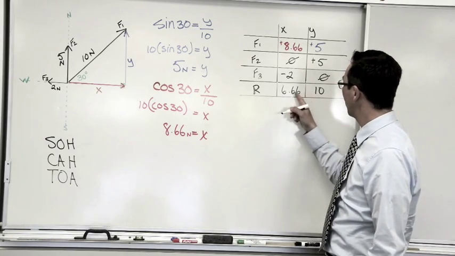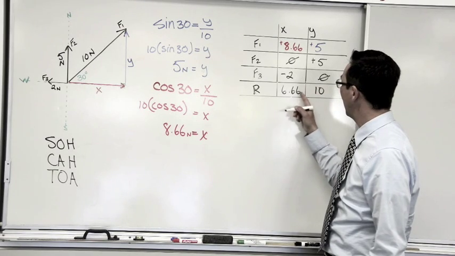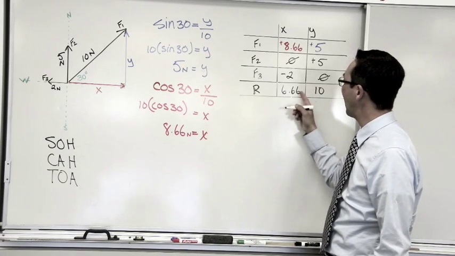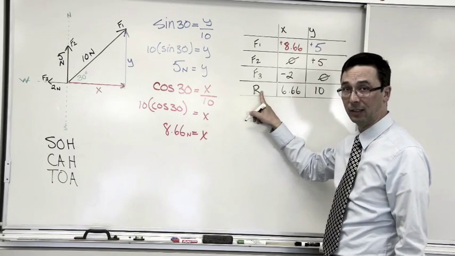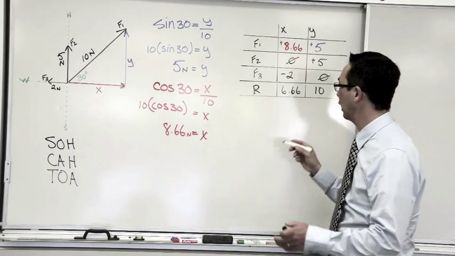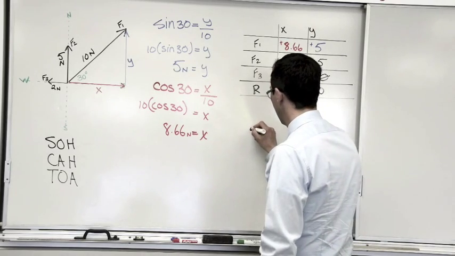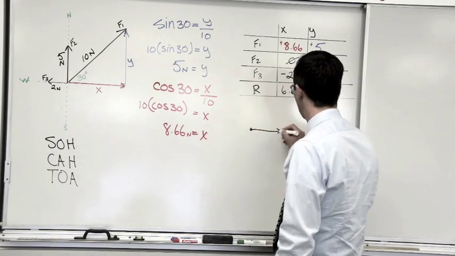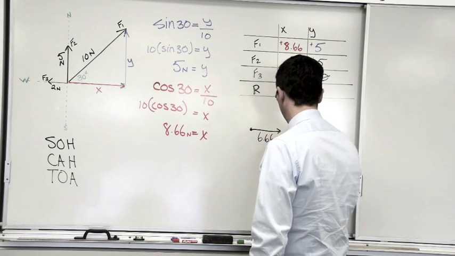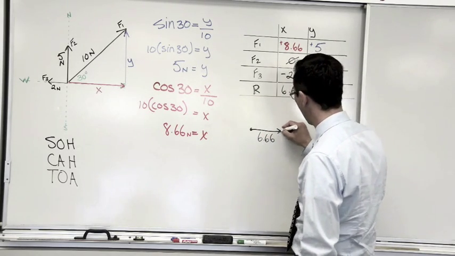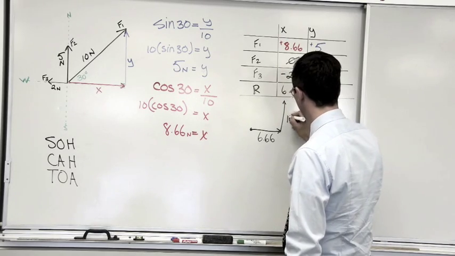So we have now created the 10 and the 6.66, the two values for the x and the y component of the resultant. If I want to quickly sketch it, it'll look something like this. I have a positively directed x component of 6.66 and a positively directed y component of 10.